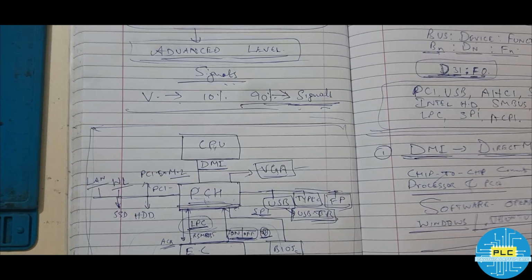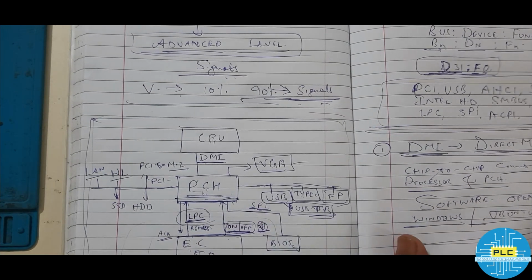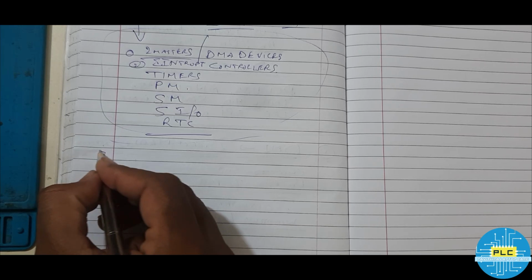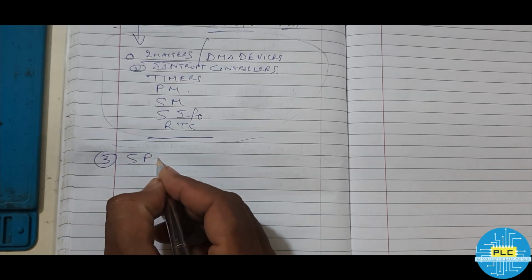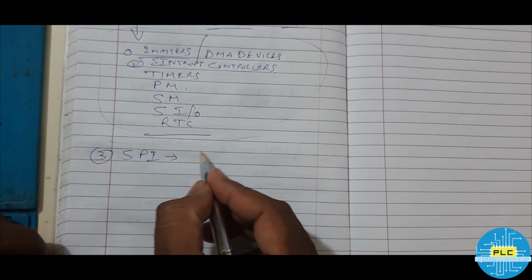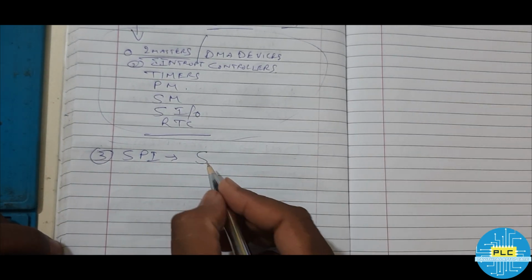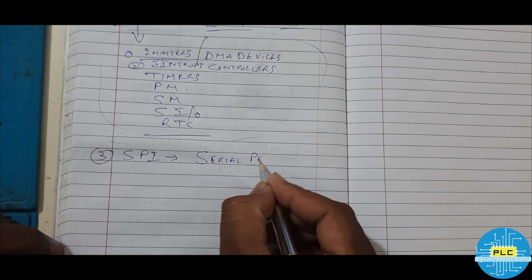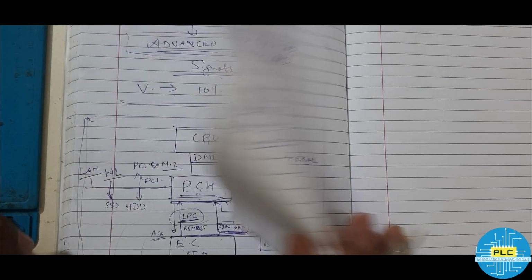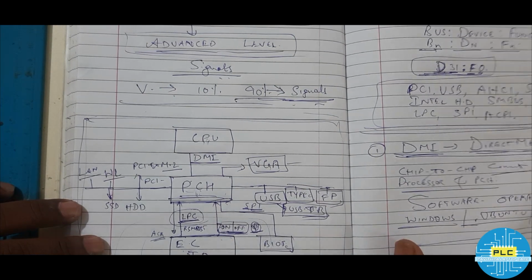And one more thing is SPI. What is this SPI? Any idea? SPI is Serial Peripheral Interface. You already heard about this because it communicates with the BIOS chip.